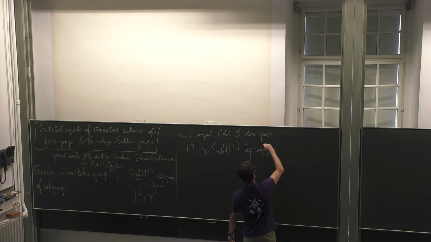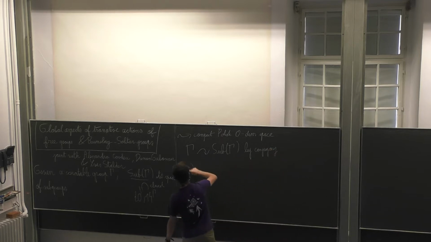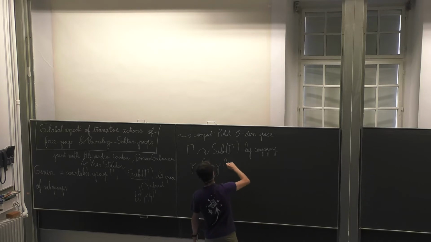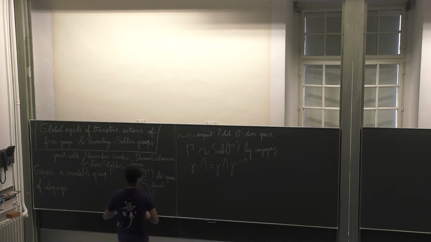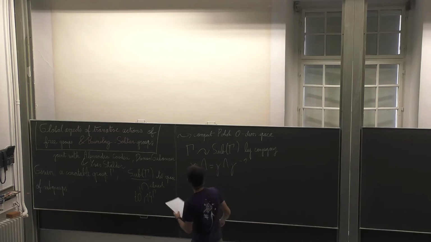Let me write the action down properly: gamma dot lambda is gamma lambda gamma inverse. And the point is that I want to give a different flavor to this space by viewing it in a different manner.